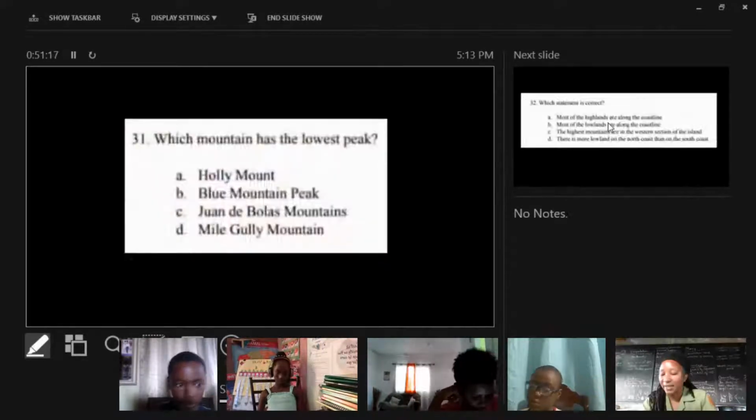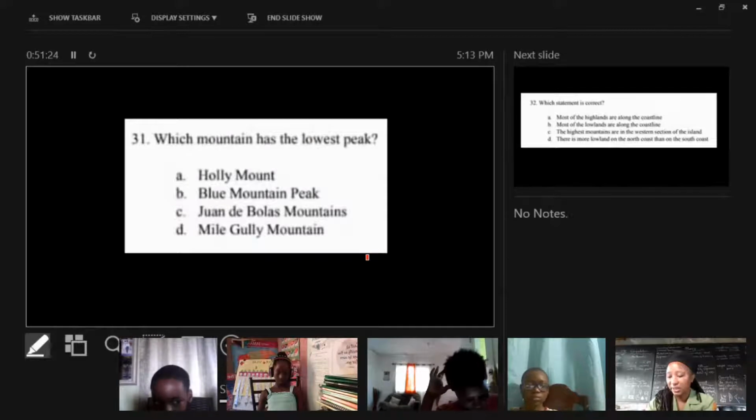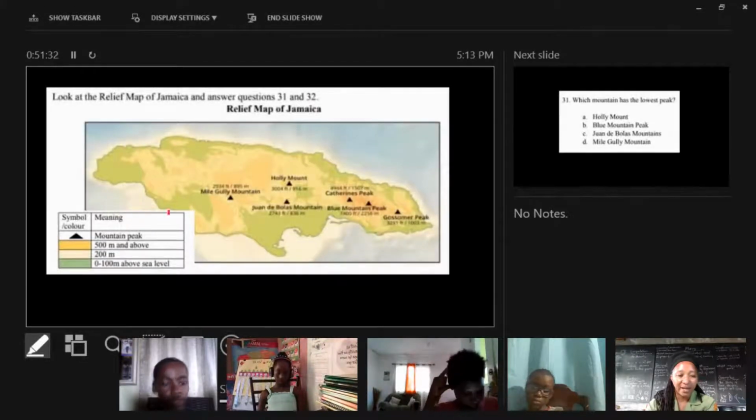All right, so I'll just tell you the answer for this one. The lowest peak would be the One de Bolas Mountains. All right, so you would have had the map to look.